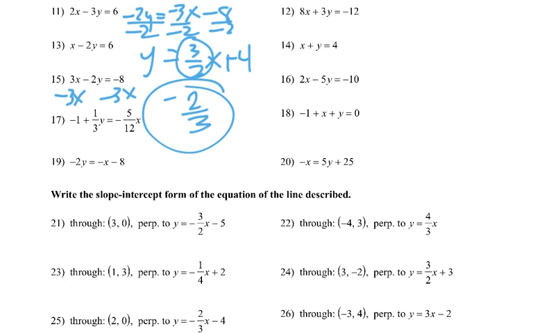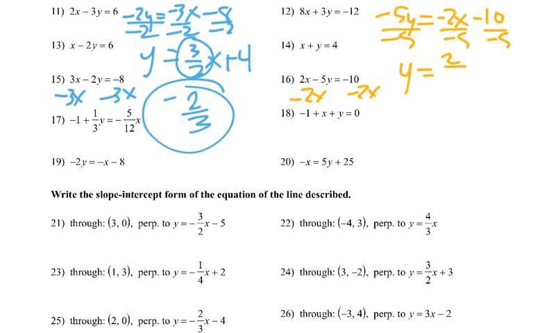That would be for 15. For 16, subtract 2x from both sides. Get -5y equals -2x minus 10. Divide by -5. We get y equals positive 2/5 x plus 2. So 2/5 becomes 5/2. Positive becomes negative.